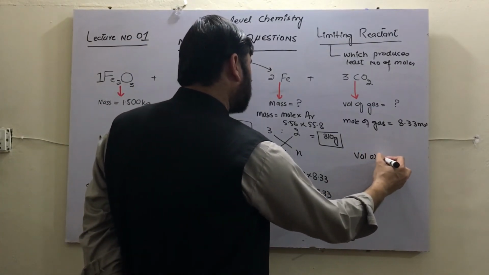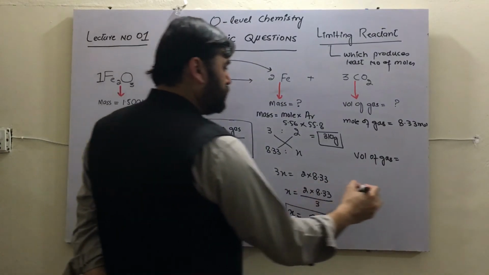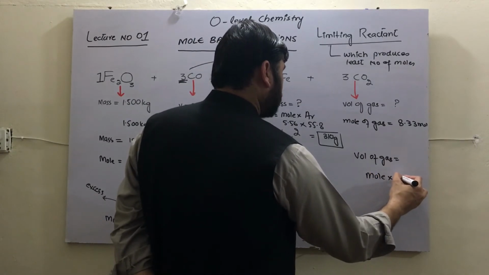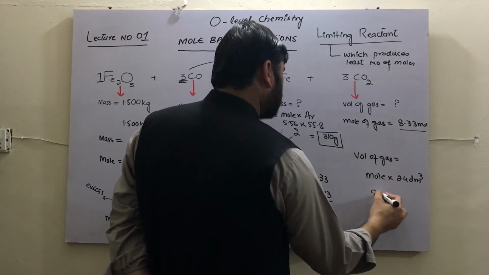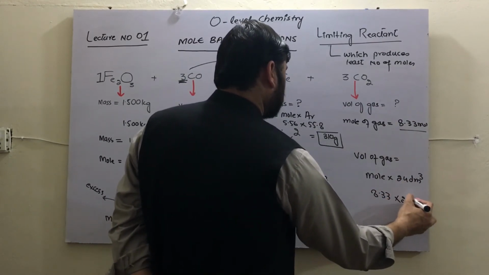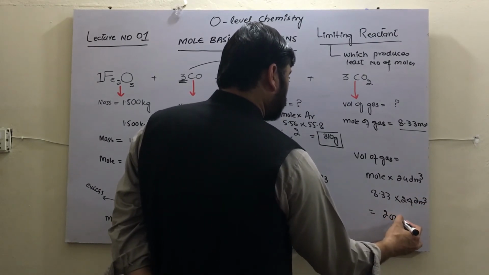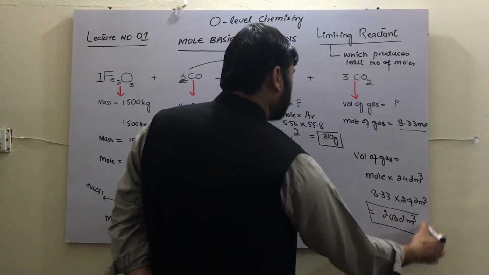Volume of gas is equal to mole multiplied by 24 dm cube. So the mole is 8.33 multiplied by 24 dm cube. So the volume will be roundabout 200 decimeter cube.